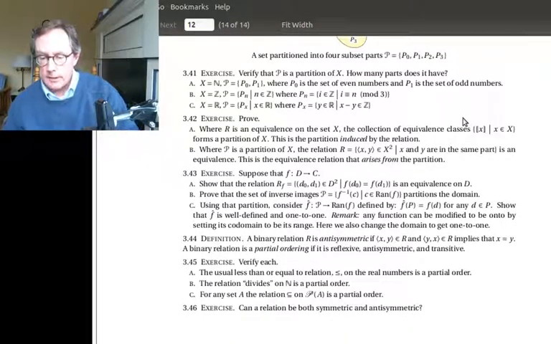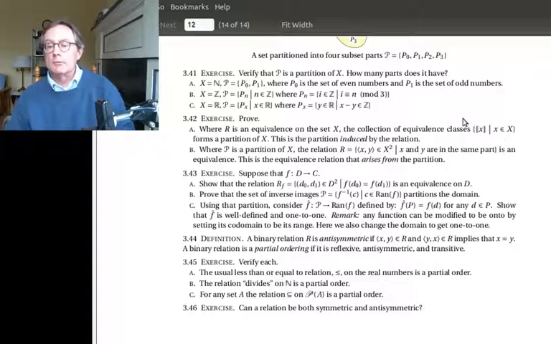Okay, let's see, that's 3.41, and then the other two things that I need to do are 3.42 and 3.43. So I'm going to ask you for homework to do 3.42b.